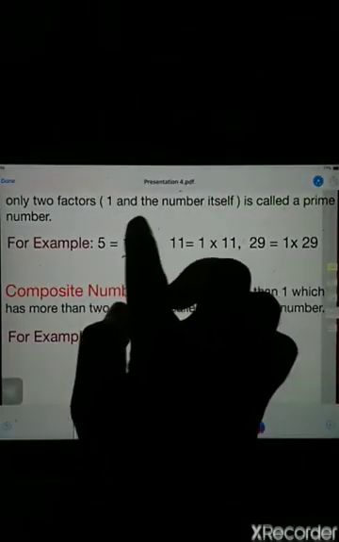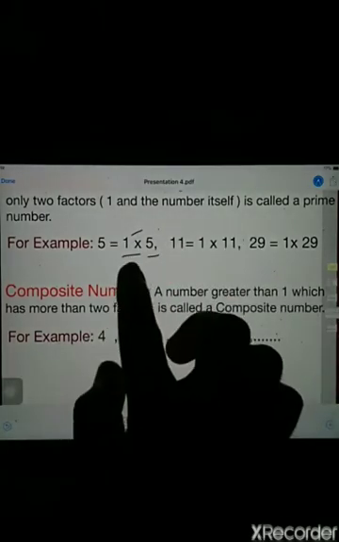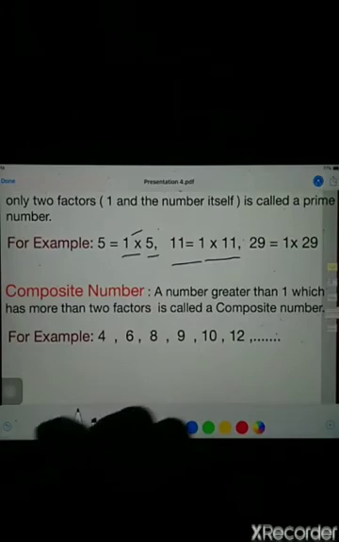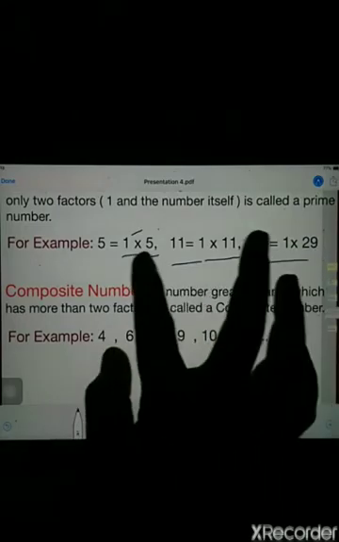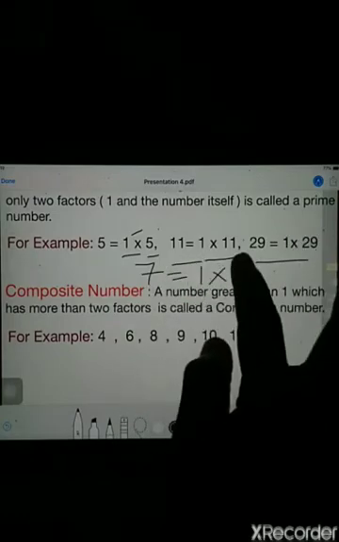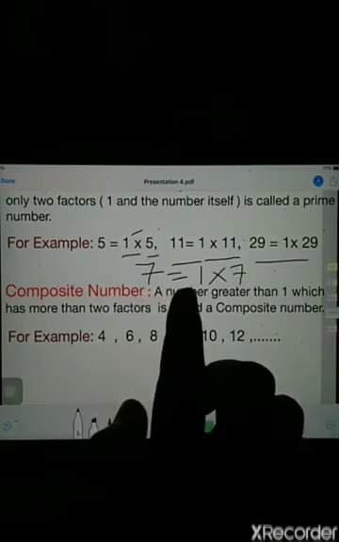So any number having only two factors is called a prime number. Similarly 11 has only 1 and 11, and 29 has 1 and 29. Like 7 also has 1 and 7. So these numbers are called prime numbers.